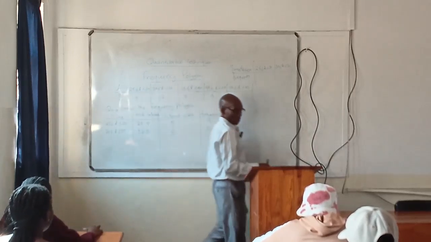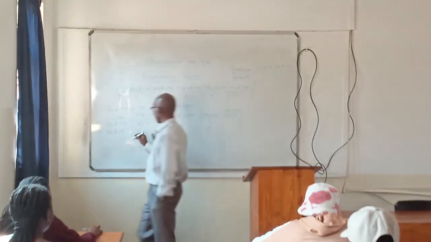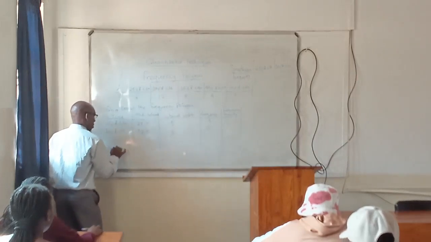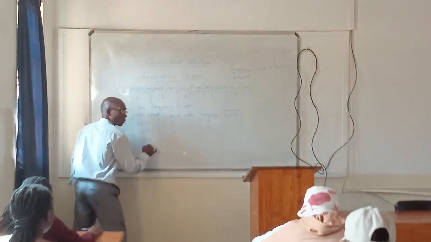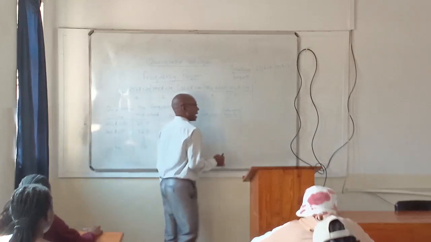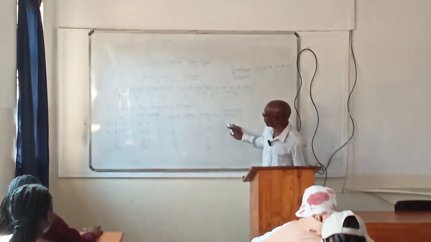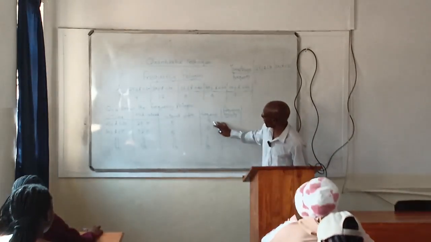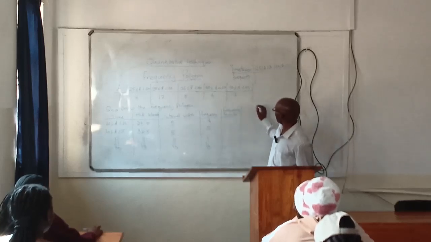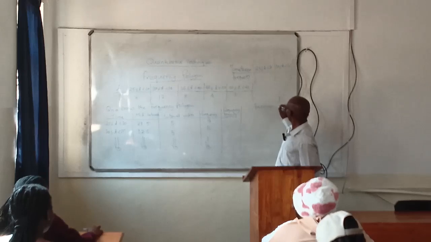Then let's calculate what is called the frequency density. Here you can proceed. I'm not proceeding because you can do that; you go up to the end. How do you calculate frequency density? Frequency density is equal to frequency over interval width.